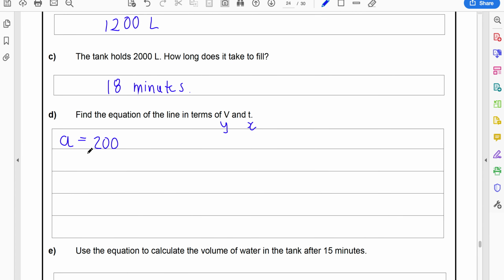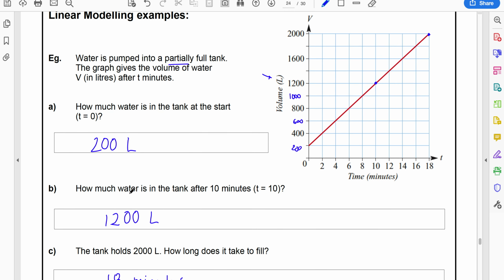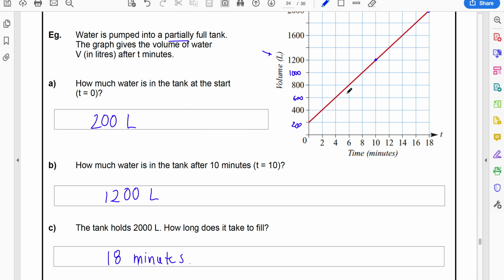The second thing that you would need for the equation would be the slope. So one option is using this method. Now you would need to pick 2 points that are on your graph, so it doesn't matter which two you choose.